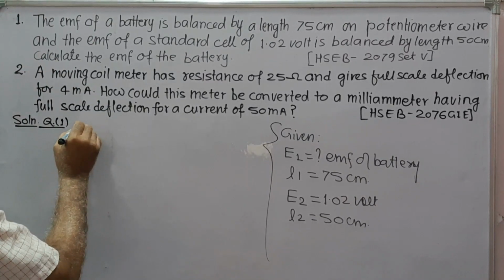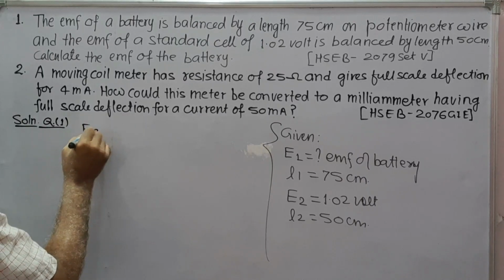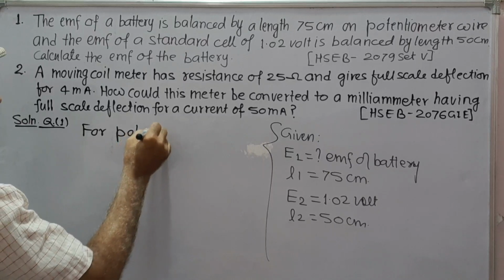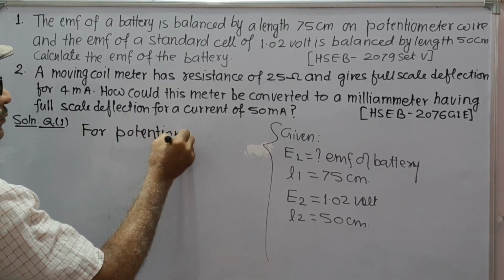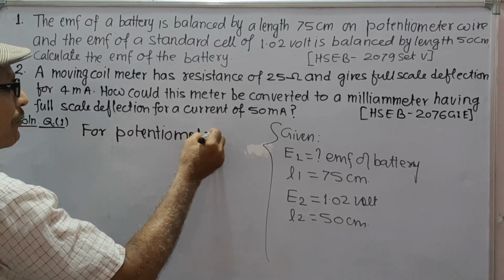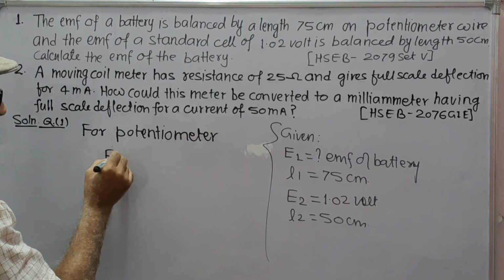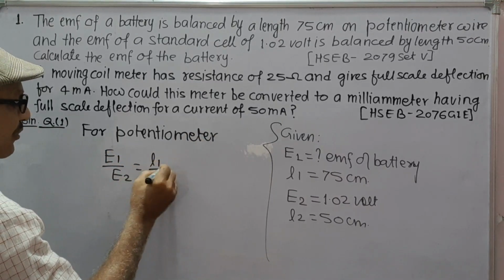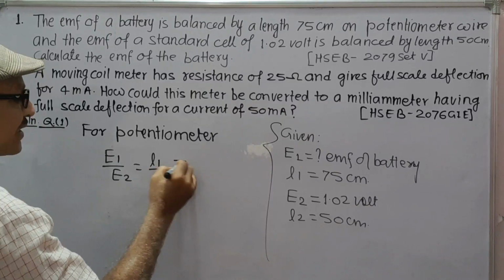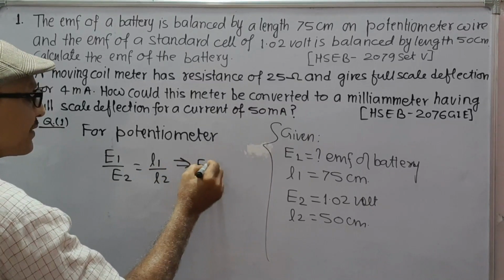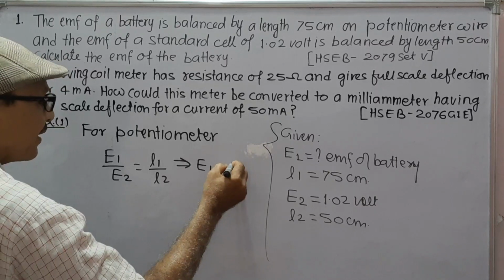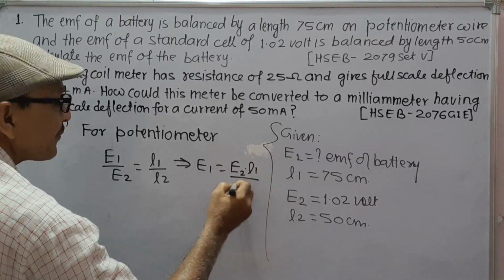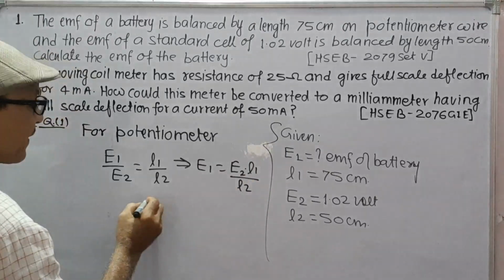Now for potentiometer, E1 upon E2 is equal to L1 upon L2, which gives E1 equal to E2 into L1 upon L2.